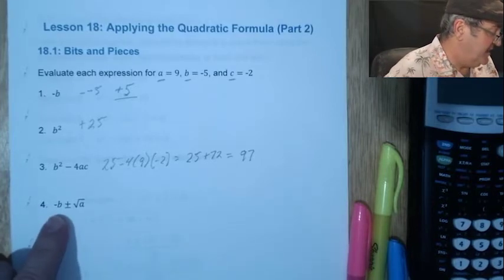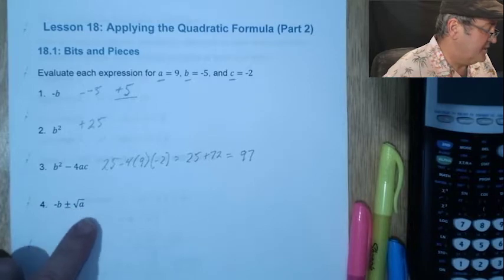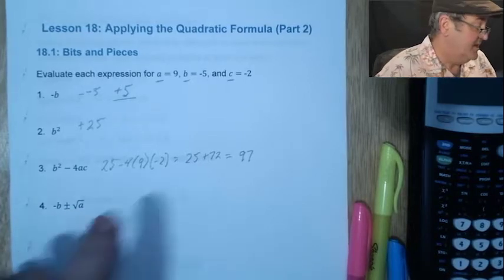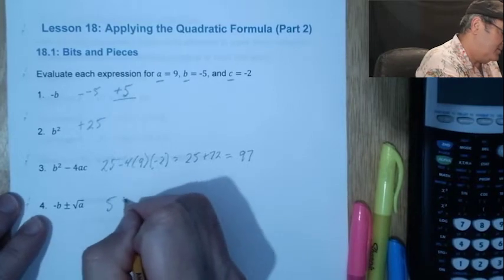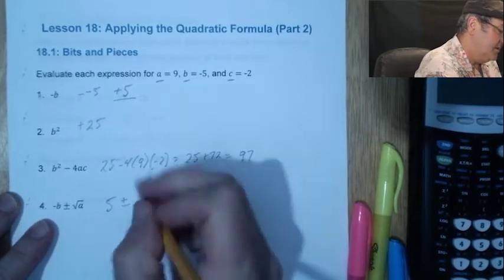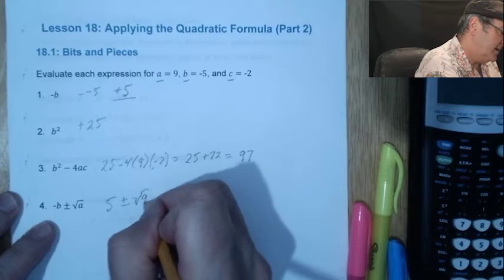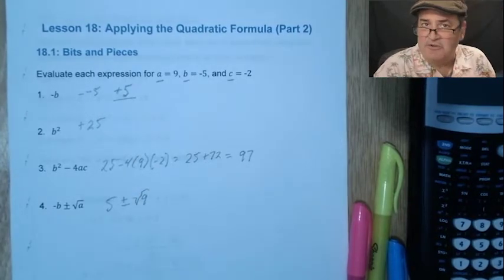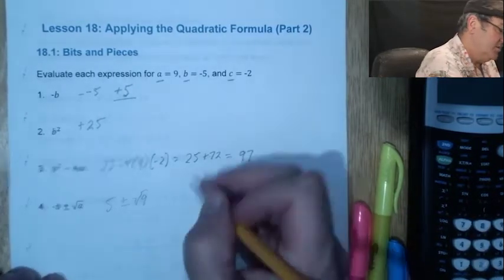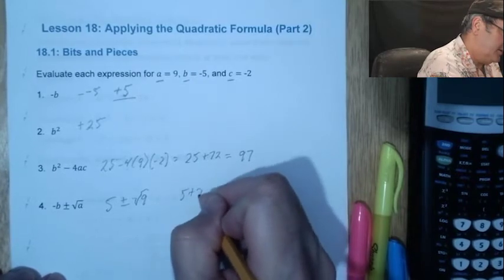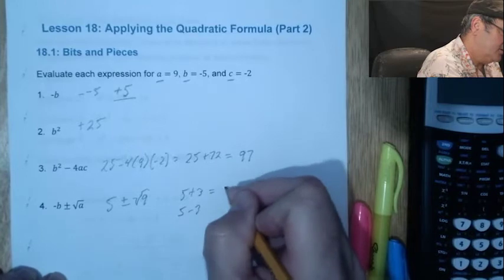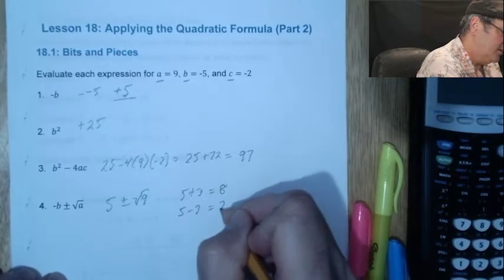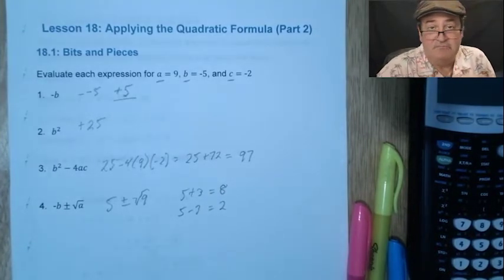And negative B plus or minus the square root of A. Okay, negative B. Again, B was -5, so negative B would be a +5 plus or minus the square root of 9. And what is the square root of 9? 3. So it'd be 5 plus 3 or 5 minus 3. So our answers are 8 or 2. So we have 2 answers, 8 or 2.